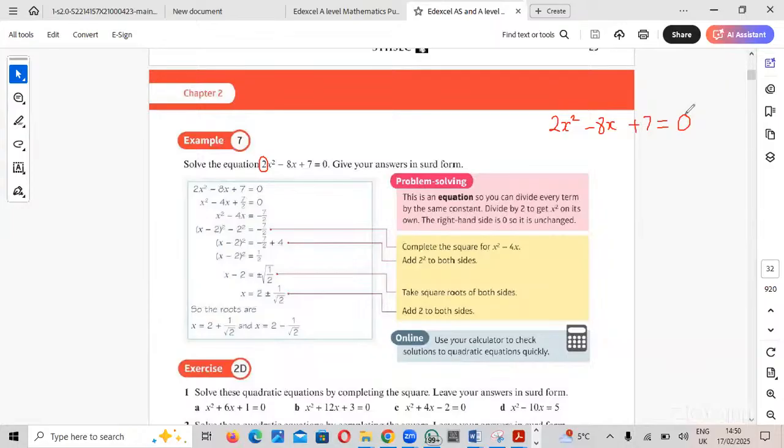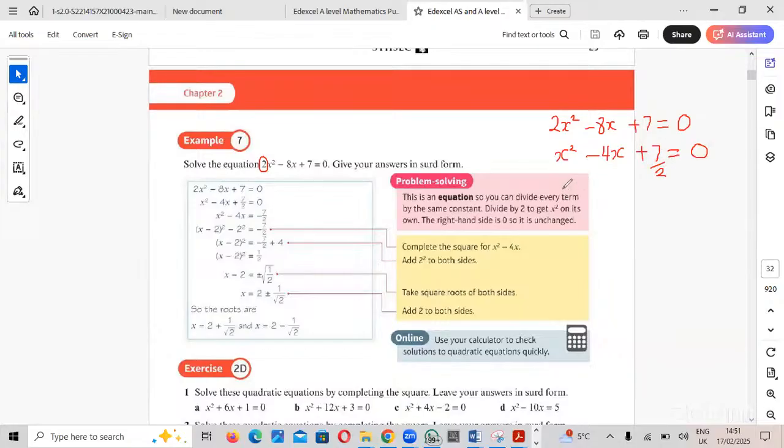Okay, so the first thing to do is to divide everything by 2 to give us x squared minus 4x plus 7 over 2 is equal to 0.